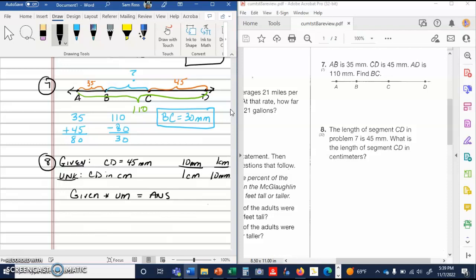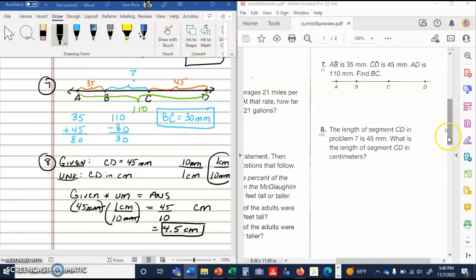These are both equal. You just have to figure out which one you want as your unit multiplier. So I'm given 45 millimeters. I'm going to leave this blank for right now. I know my answer needs to be in centimeters, so I want the one with centimeters on top. That's going to be this one. So 1 centimeter is equal to 10 millimeters. My millimeters are going to cancel. I end up with 45 over 10, which is 4.5 centimeters. Please let me know if you have any questions about that one.